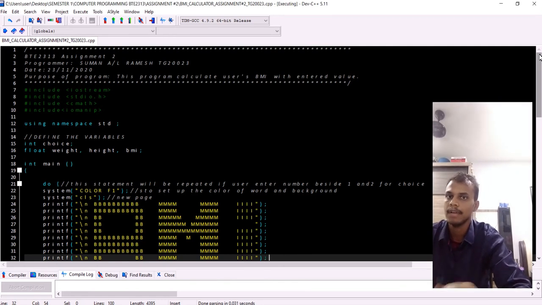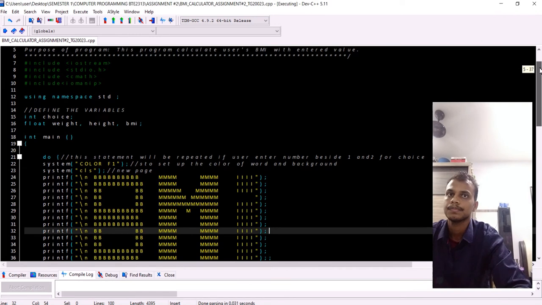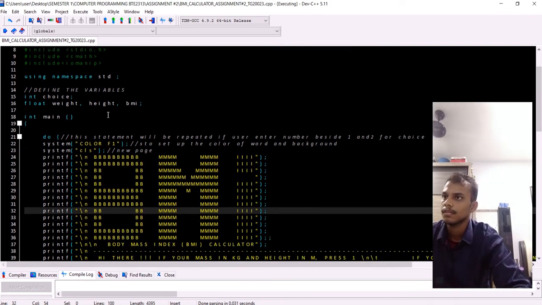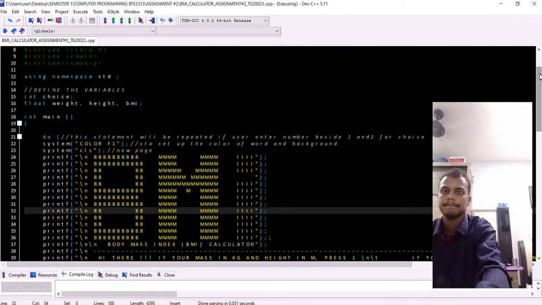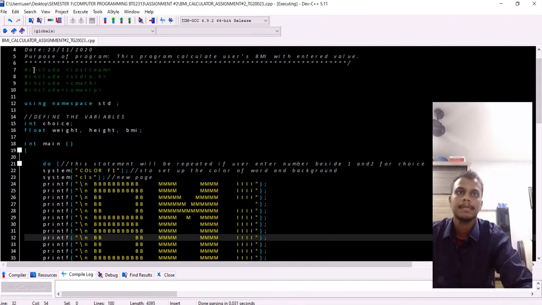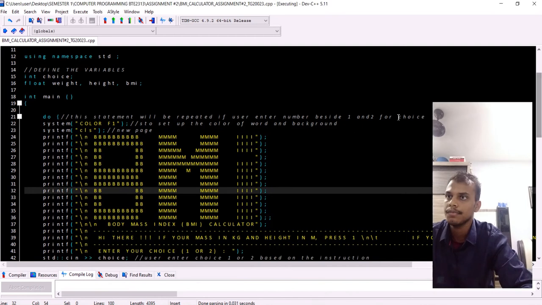Okay, now we'll have a look at our code. Here, first we do the includes and everything, and then define the variables: integer choice, and float weight, height, BMI.